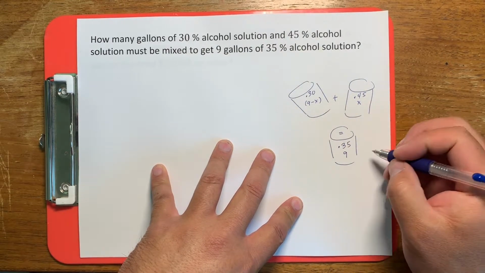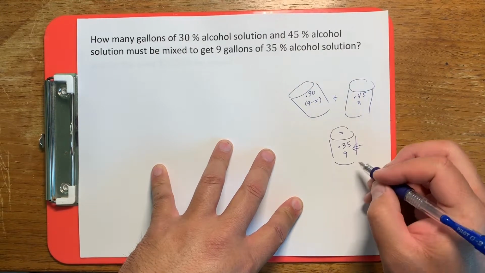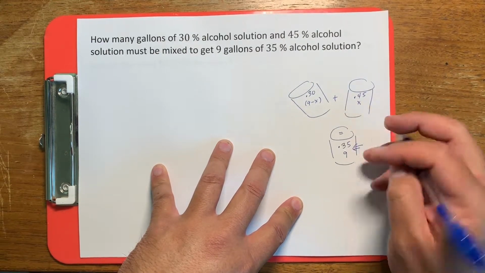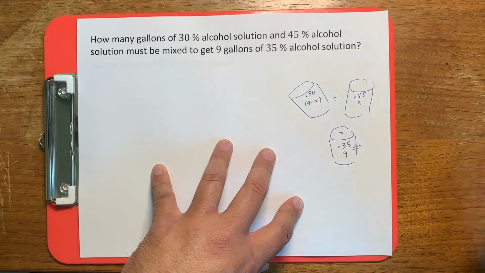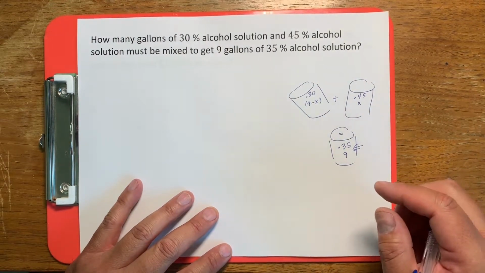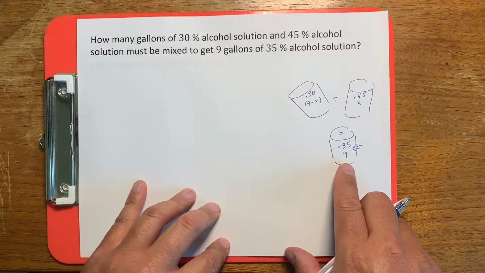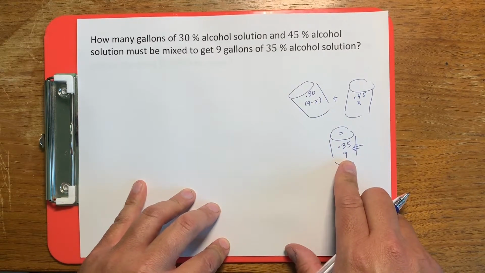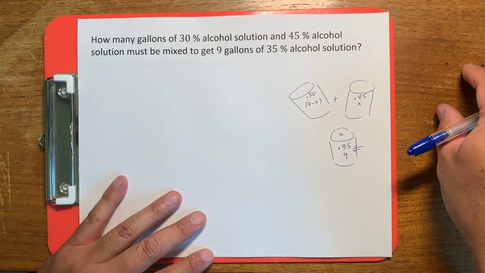Now, normally what they would have done in the previous problem is they would have given us this value already multiplied together. And in this case, they're not. So what we have to do is have a quantity in this situation. So now let's solve this problem.